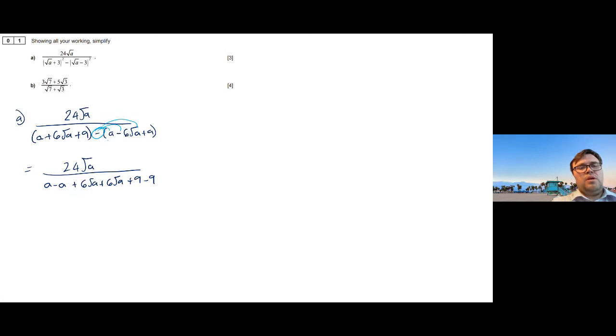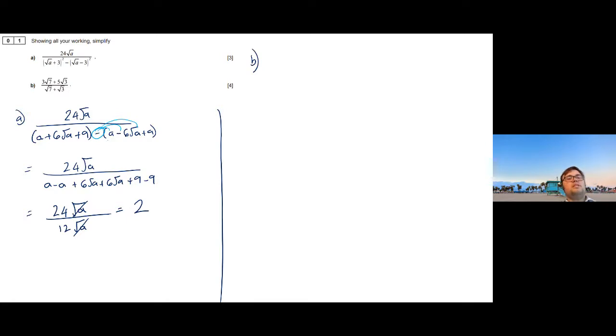Doing that now, we have 24 root a over the a minus a goes, so that'll be 6 plus 6, that's going to be 12 root a. The root a cancels, and then it's just 24 divided by 12, which gives you an answer of 2, which is the first part.